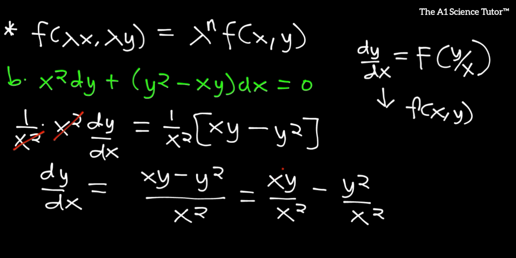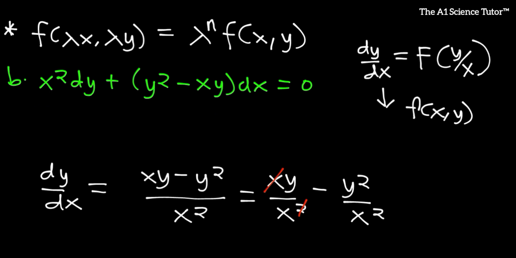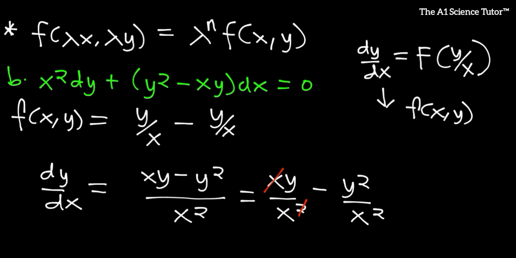Now I know that x can cancel one of it here, and here the rest is just going to remain there. So this is what we're going to have. I know that dy dx could be written as f of x comma y. So this is going to be f of x comma y. Now on this side, I have y over x minus y over x, but this is all squared.